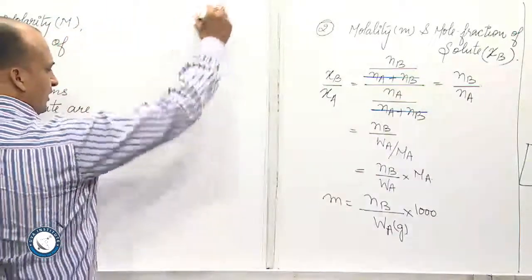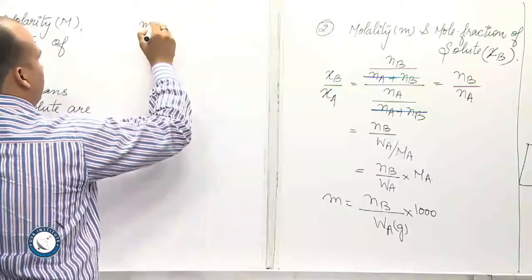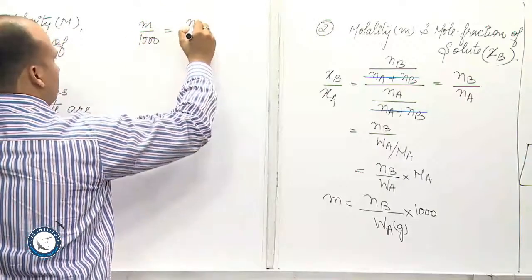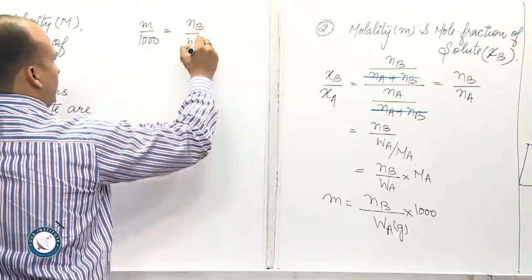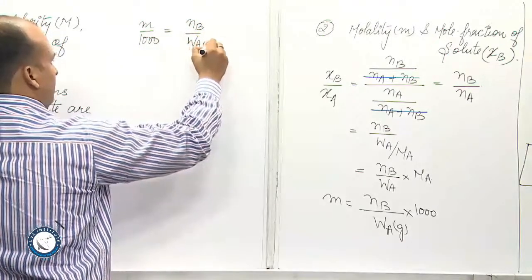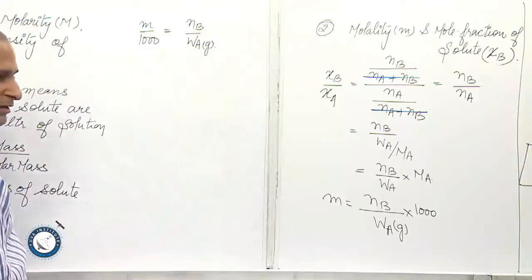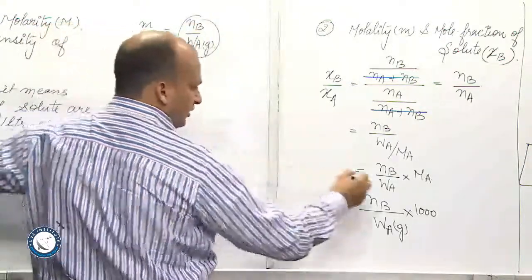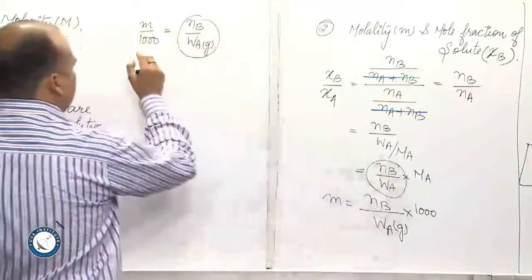So I can write molality by 1000 is equal to nB by WA in grams, right?